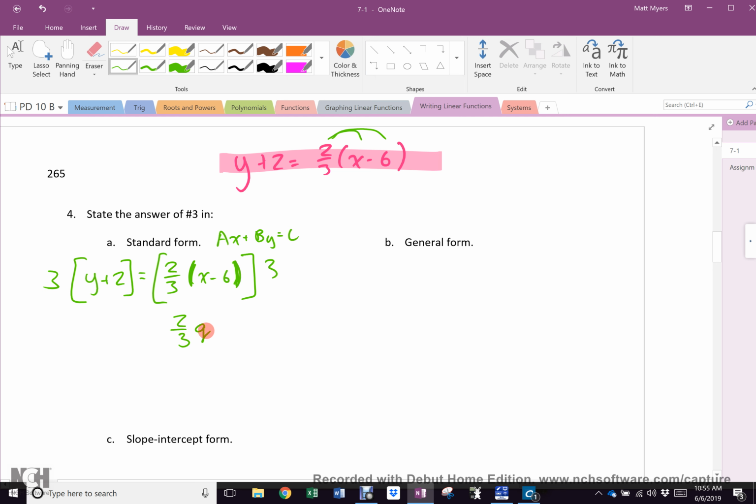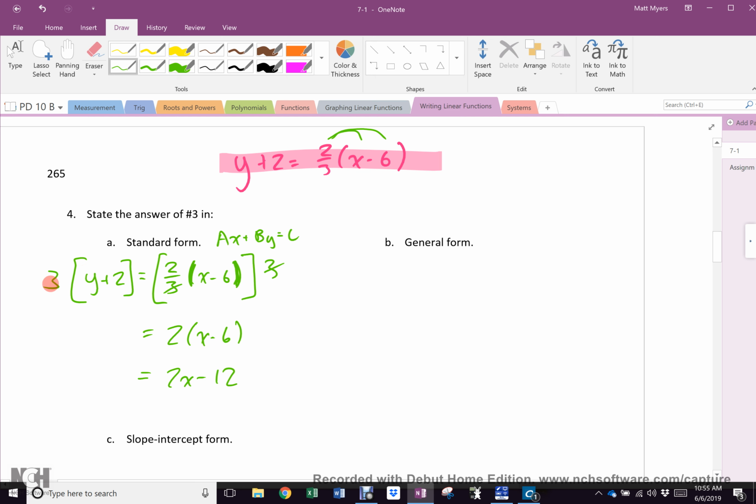Let's call it Q. And then we're multiplying that by 3. Where does that 3 go? Only to there. So you do not need to distribute it in here. So the 3's will cancel, leaving me with 2x minus 6, which is 2x minus 12.